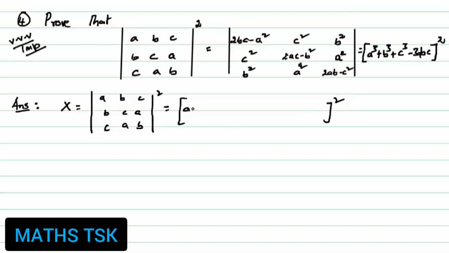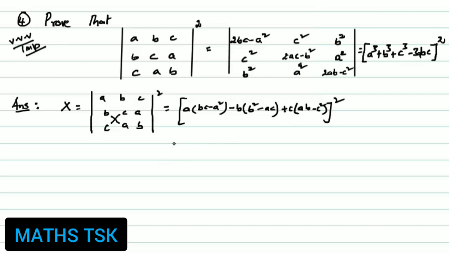A into bc minus a square, and then minus b into b square minus ac, and then plus c into ab minus c square.